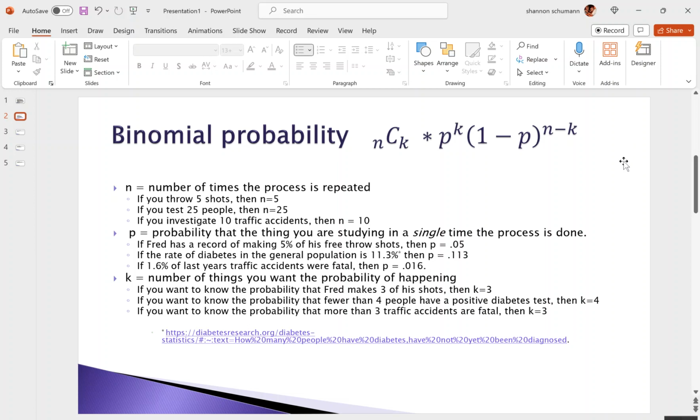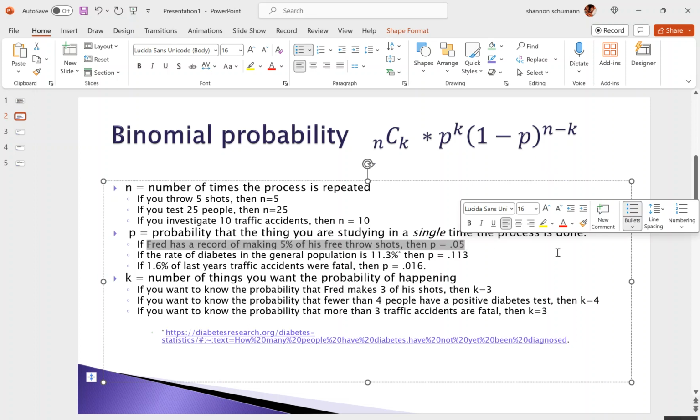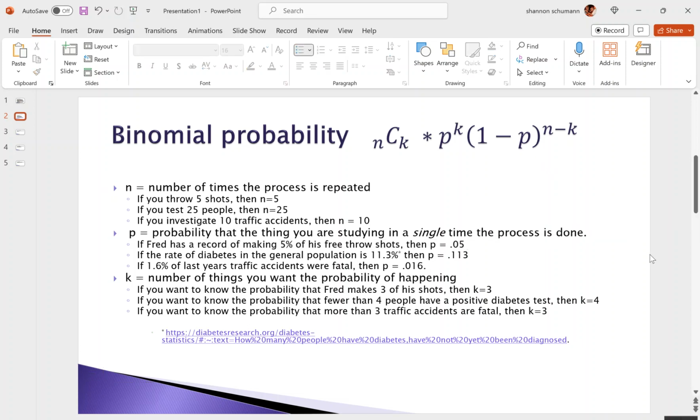Now, the probability of the thing that you are looking at in a single time the process is done, that's what the p is in this probability. For that, we usually look at old records or something. So Fred has a record of making 5% of his free throws, which means that p is going to be 5% or 0.05.